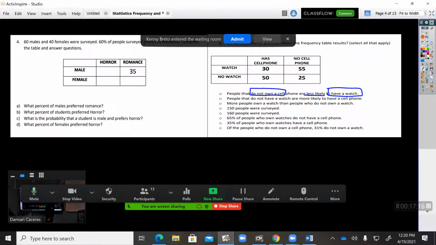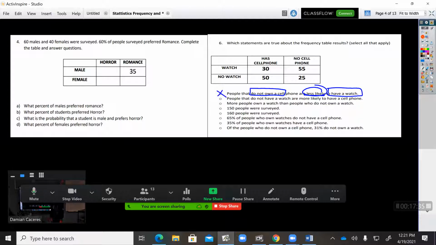Without even looking up there, you can answer this using your brain and common sense. If you don't own a cell phone, then you're definitely going to have a watch. Does that mean he's less likely to have a watch? Of course not. That should be more likely. So A is wrong.